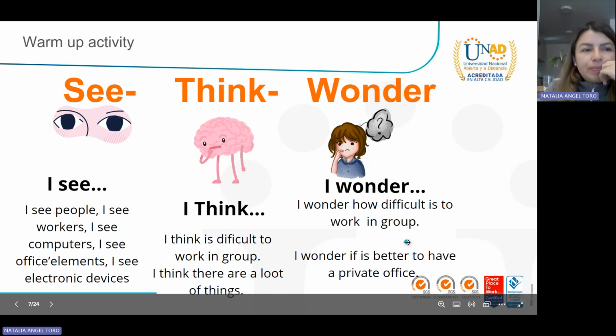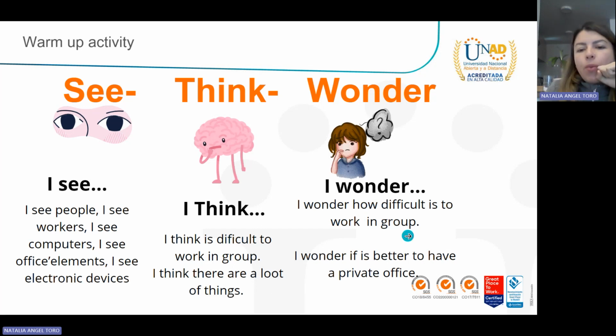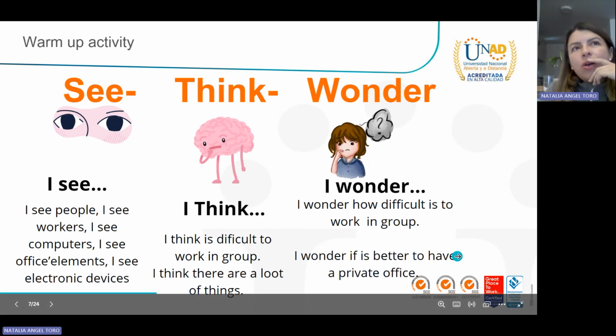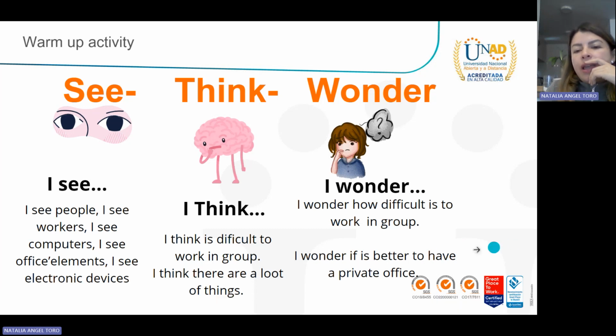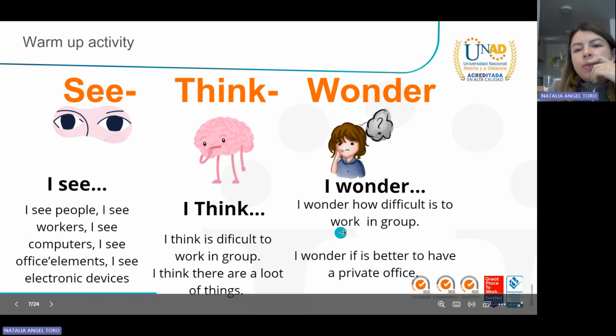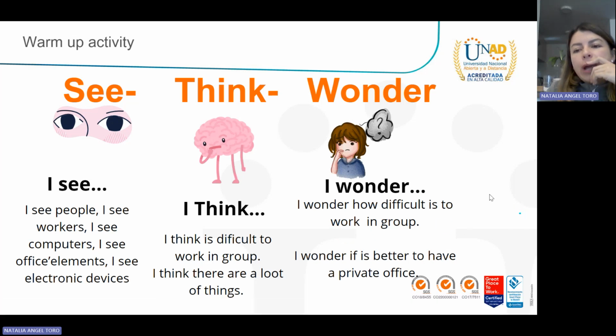Entonces, por ejemplo, I wonder if I could be a good owner of a dog. I wonder if it's better to have a dog or a cat. I wonder how difficult it could be to raise a dog. So normally when we use wonder, it is referring to asking something to yourself, okay?